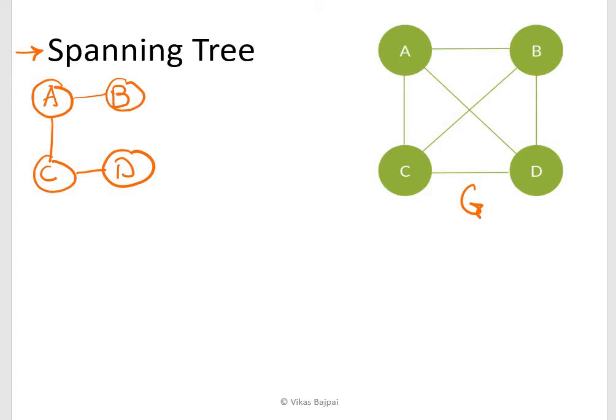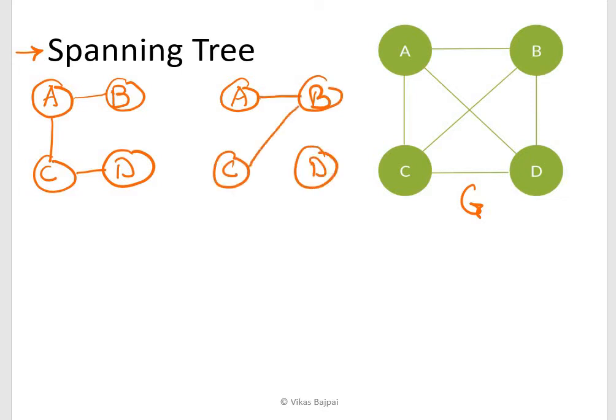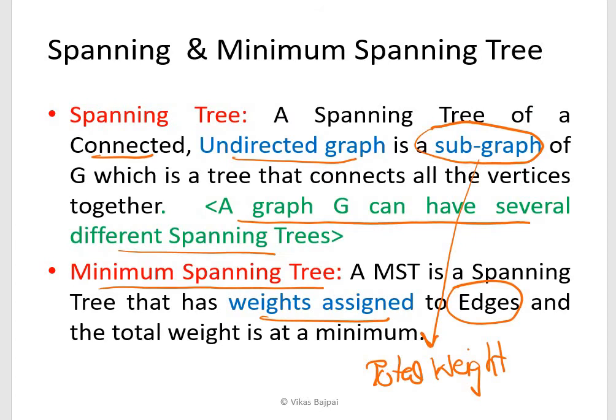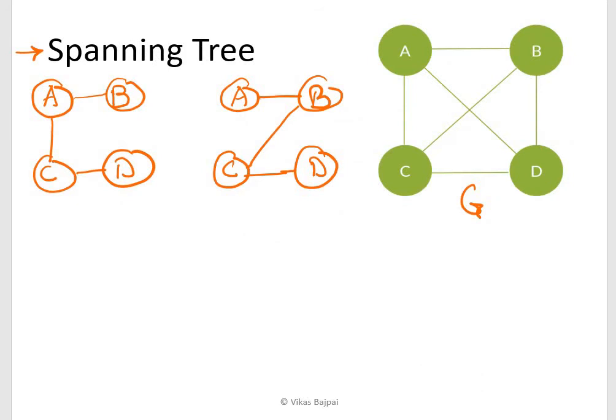I can have something like this as well. I have A here, I have B here, I have C here, I have D here. So I can have something like this, I can have something like this. Once again, looking back to the definition, it's a subgraph which is connecting all the vertices together. So A, B, C, D connected together. I can have something like this as well.